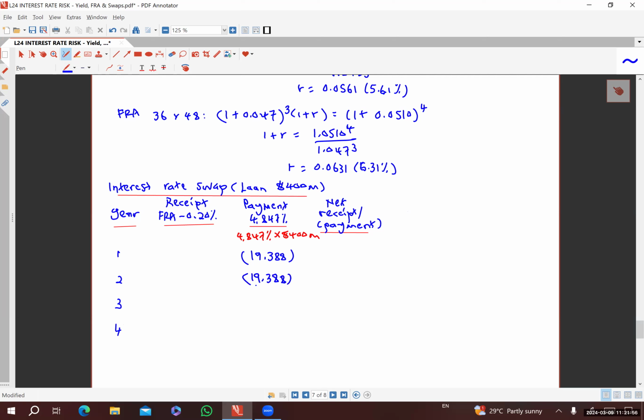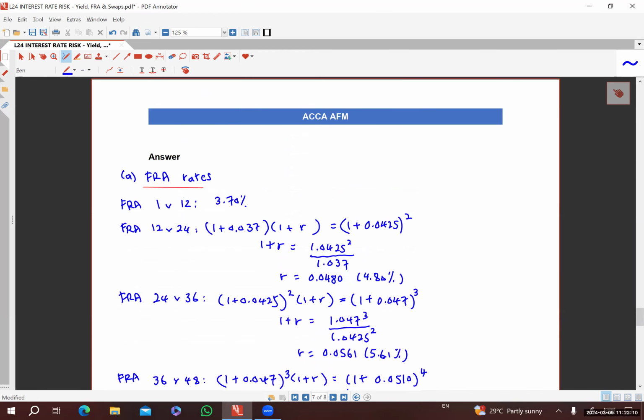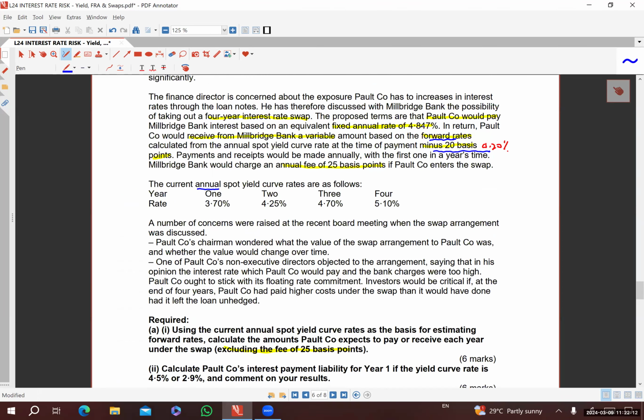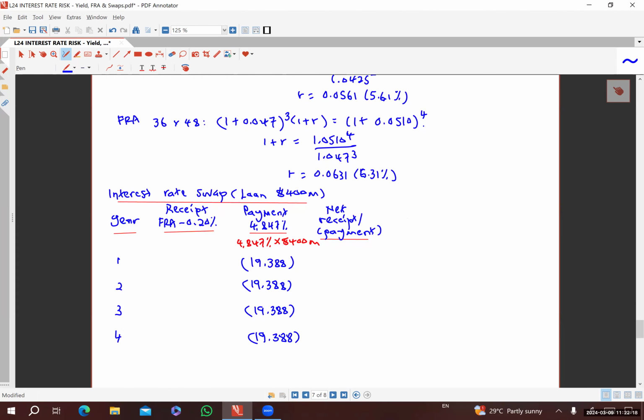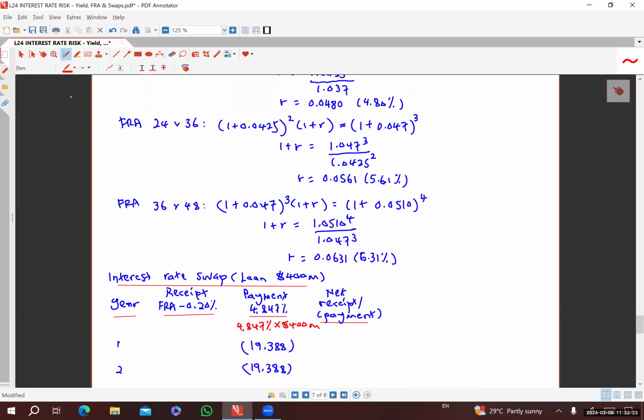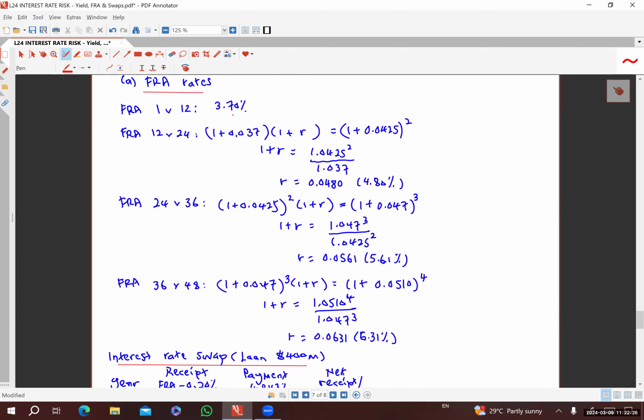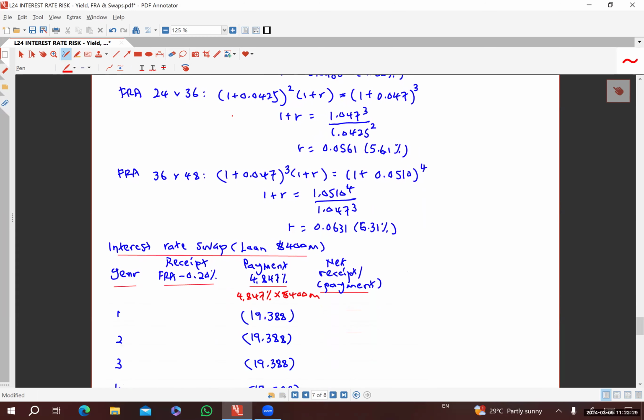This is a fixed payment, so every year it should be the same. Now the receipt. First year FRA 3.7% minus 0.2 is 3.5%, on the 400 million loan.